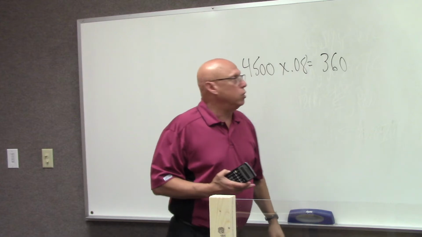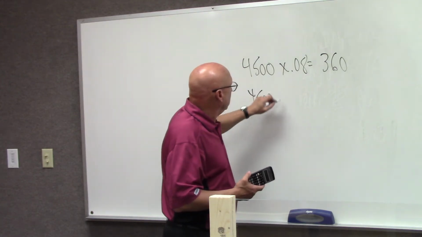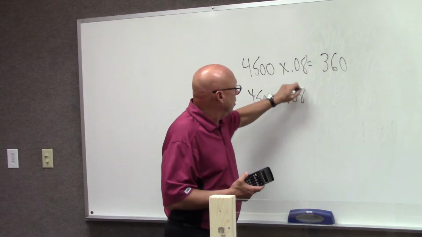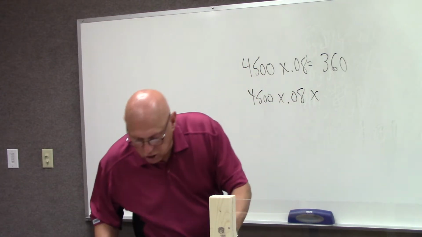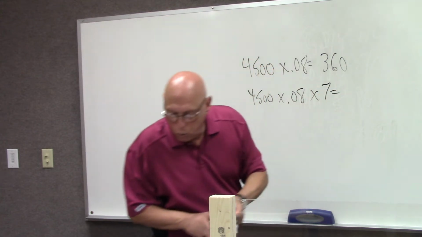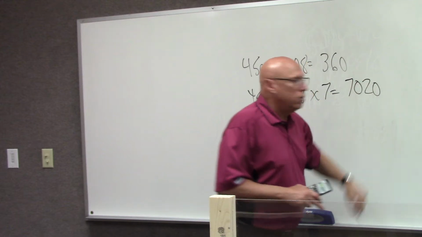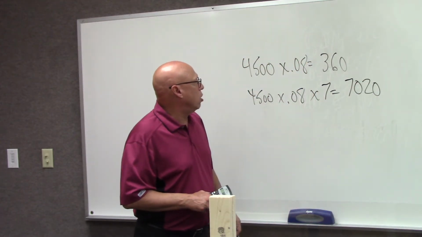That's your annual interest. So, if you take 4,500 times 0.08 times, what did we say, 7 years? Times 7 years, you will get $7,020. That's your simple interest in total.